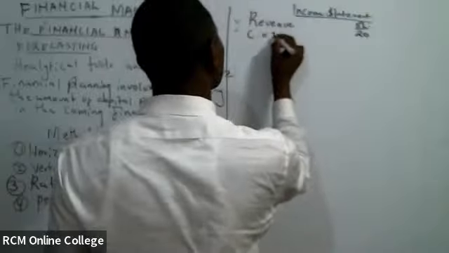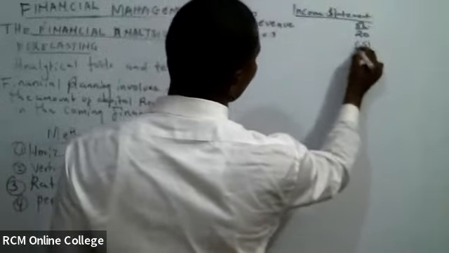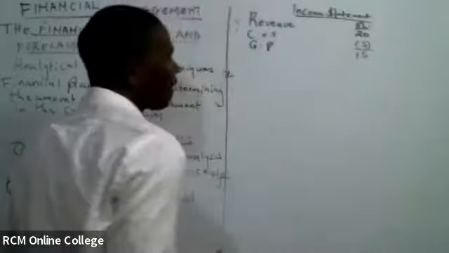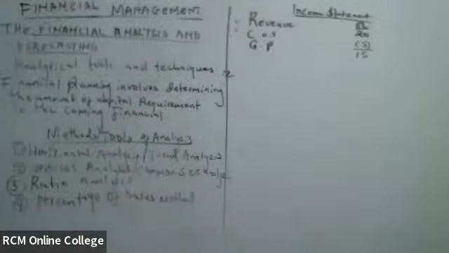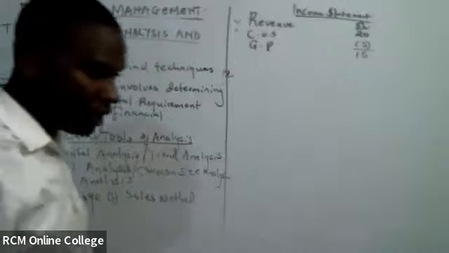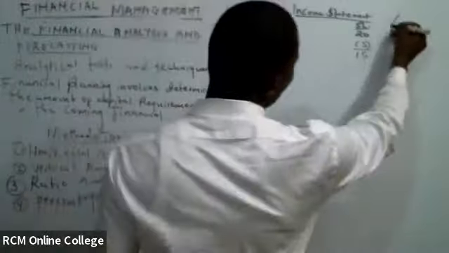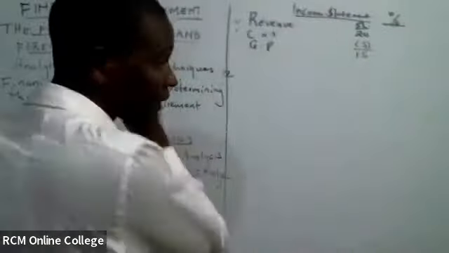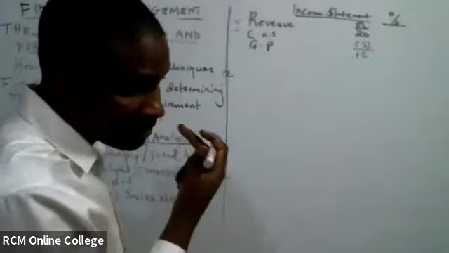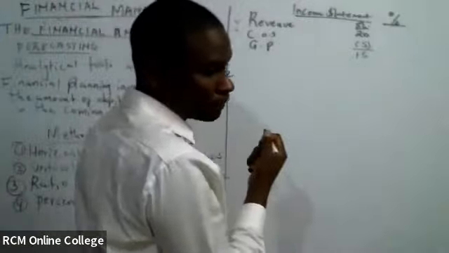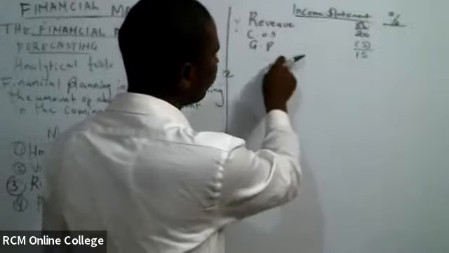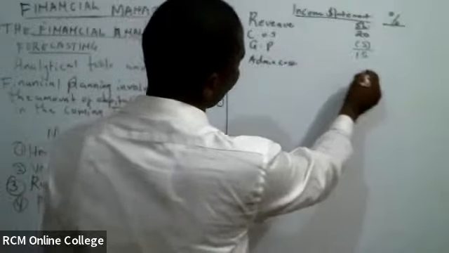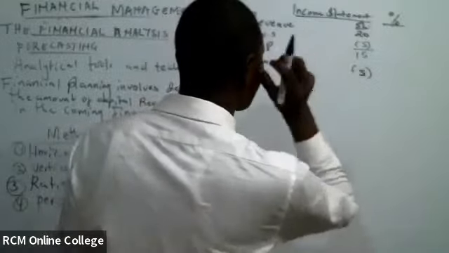I have cost of sale of 5, and that will give me a gross profit of 15. If I want to analyze this using the percentage of sales method, the common size analysis, I'll express every item as a percentage of sale. I can have admin expense of, maybe, 5. This is just to mention a few.